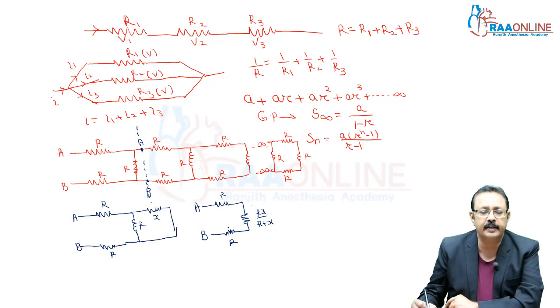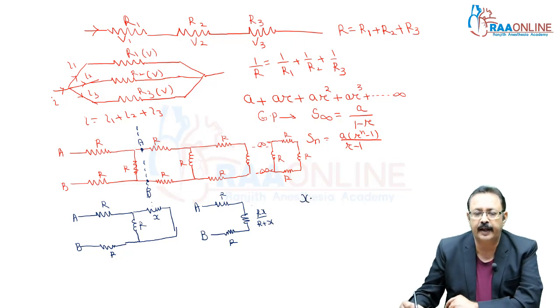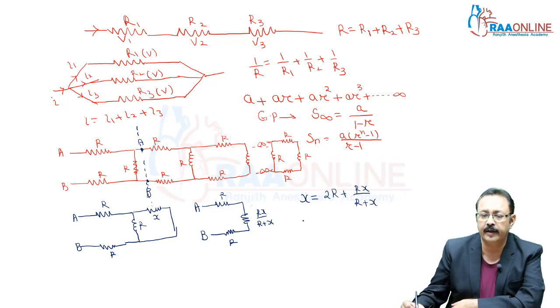Now these three are in series. Total we said X. So X should be equal to 2R plus Rx upon R plus X. So what we are getting? X into R plus X is equal to 2R plus Rx.